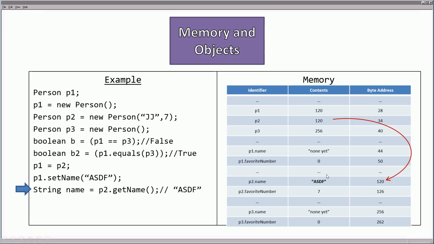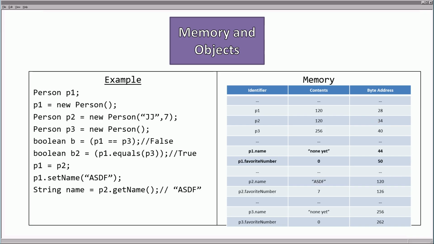Even though this was originally constructed as JJ, because we have changed the property from P1, we have thus changed the property in P2. The assignment operator with objects does not create clones. All it does is create multiple references to the same parts in memory. Be very careful about how you use this, but always remember that there is a separation from the reference and the contents of an object.